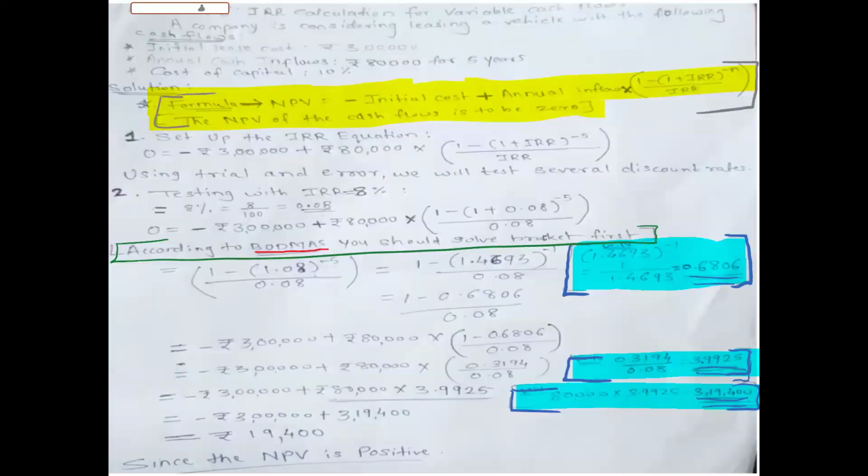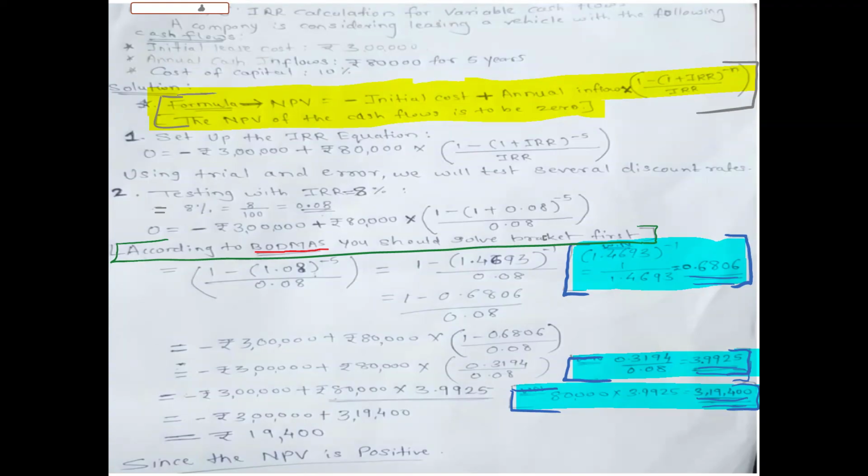Our next question is problem solving: IRR calculation for variable cash flow. The company is considering leasing a vehicle with the following cash flows: initial lease cost rupees 3 lakh, annual cash inflows rupees 80,000 for 5 years, cost of capital 10%.